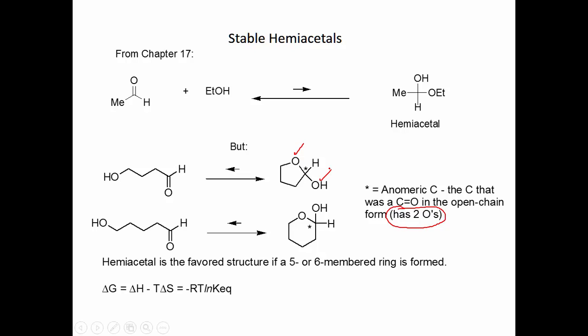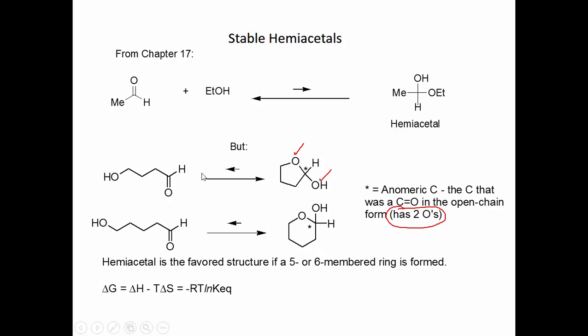What's the reason for this exception here? It has to do with the fact that equilibrium is governed by delta G and not delta H. When you look at how delta G relates to delta H, there's this other component, entropy. What is happening in this very top equation is that 2 molecules have to get together and make 1 molecule, and that's entropically disfavored.